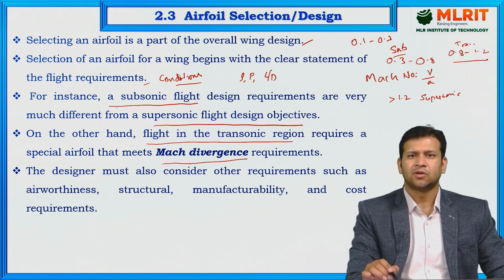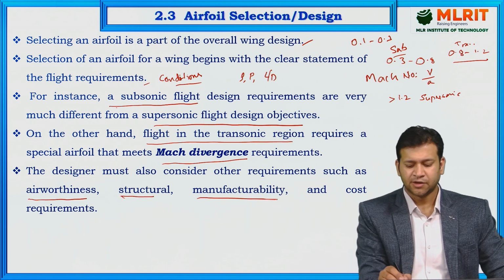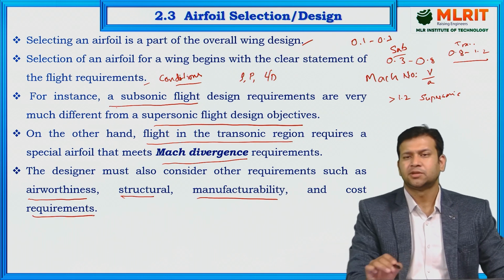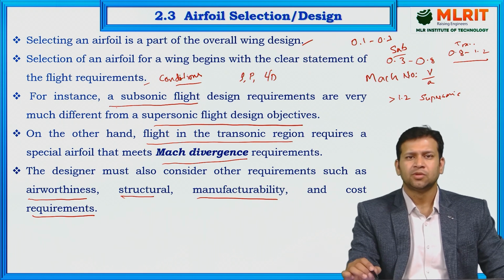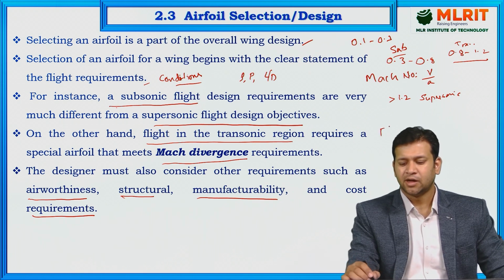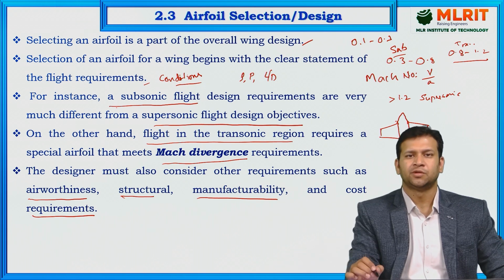The designer must also consider other requirements such as airworthiness, structural, manufacturability, and cost requirements. While designing an airfoil, these requirements play a key role because we need to design our wing, and the wing spans should be as per the airworthiness requirement, safety point of view.